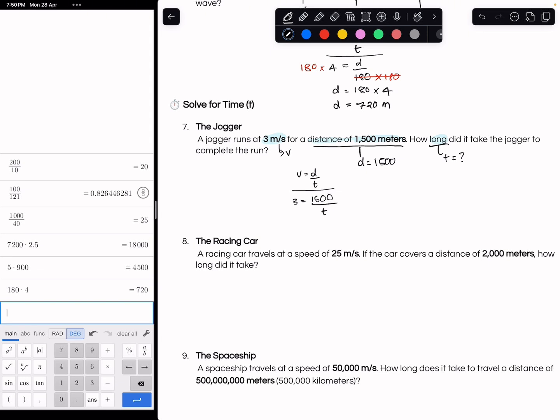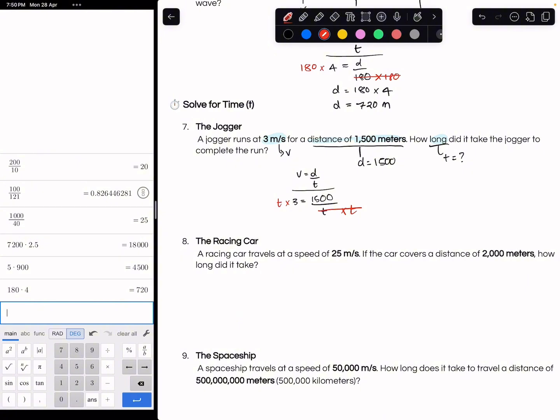So to get rid of divide by t, can you see how 1,500 is currently being divided by t? To get rid of the t value on this side, the opposite of divide by t is times by t, so that cancels it out. What we do to one side, we have to do to the other.